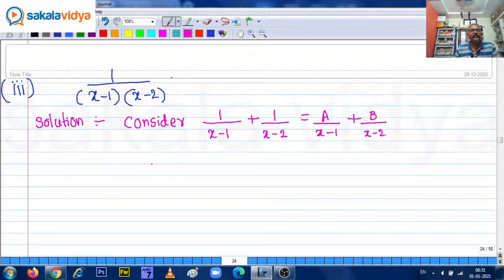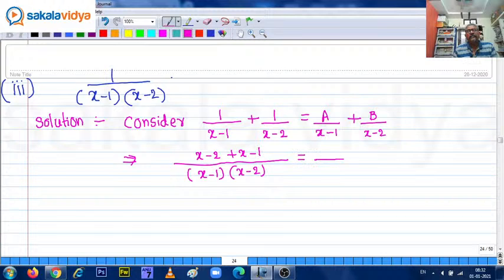Kishore, welcome. So that implies here we have x minus 1 multiplied by x minus 2. Multiplying both sides by x minus 1 into x minus 2, the x minus 1 cancels, and we have 1 equals to a times x minus 2 plus b times x minus 1.